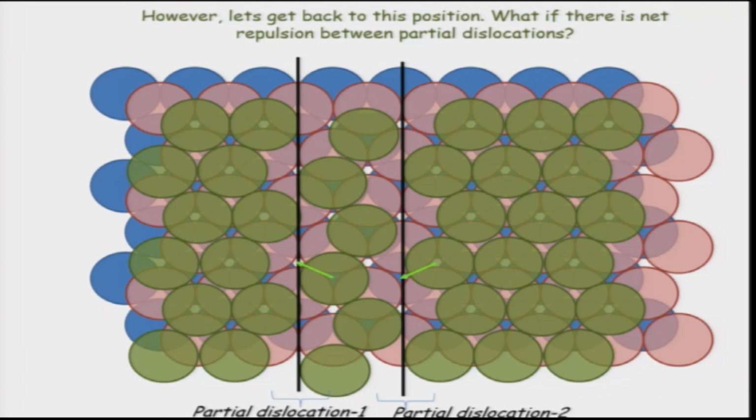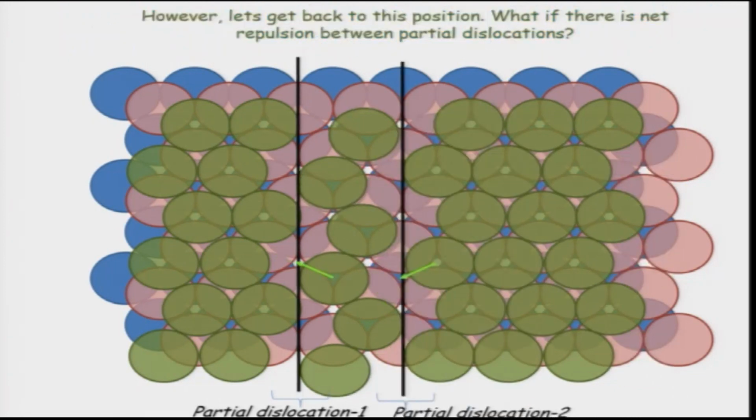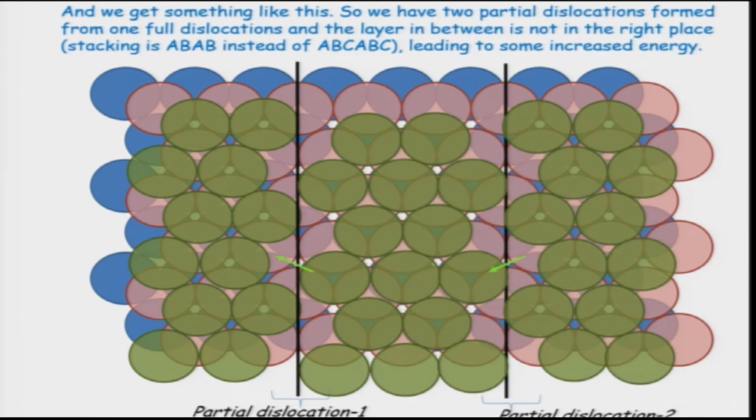So, what will that repulsion do? That repulsion would lead to something like this. What changed here? There is another layer of atoms that has moved. So, this line has moved independently. Now, it is not connected with this, its movement is no more related with the left part. The right one has just moved one step right, and it has allowed another layer of atoms to move over here.